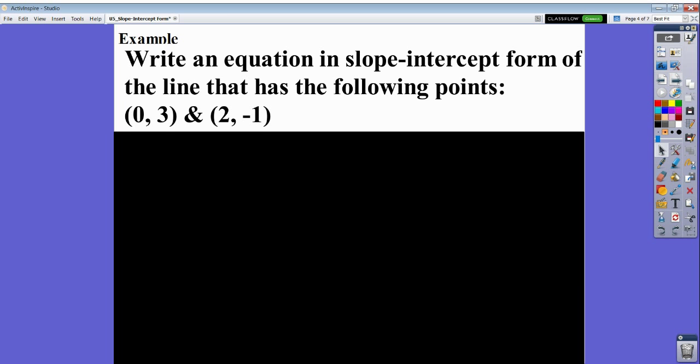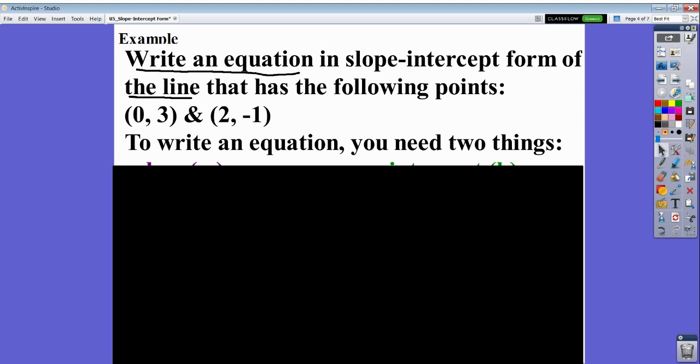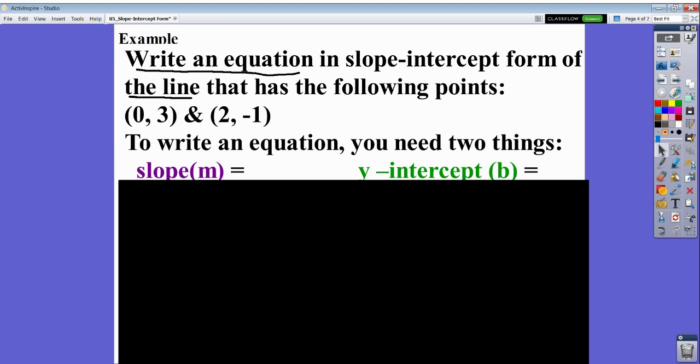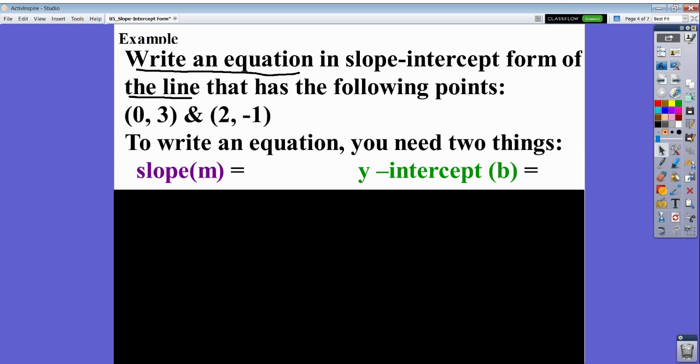In this example, they're asking us to write an equation in slope-intercept form of the line that has the following points. Whenever we're told to write an equation for a line, there are 2 things that we need to find: the slope and the y-intercept. Remember, slope is the m, y-intercept is the b.